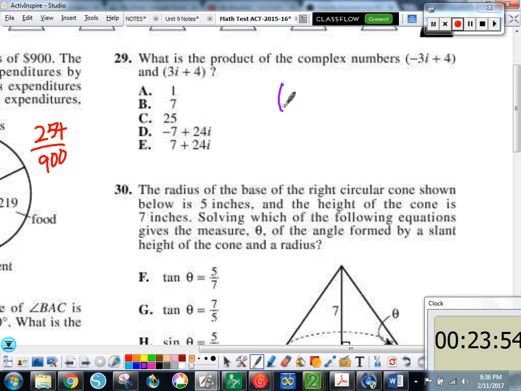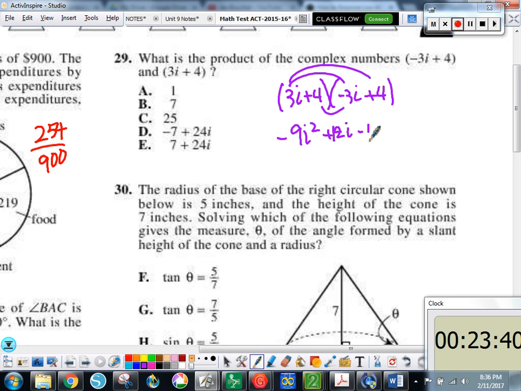This is actually a difference of squares question. We've got negative 9i squared plus 12i minus 12i plus 16. Well, i squared is a negative 1, so we're going to substitute that with a negative 1. So the negative 9 times the negative 1 becomes a positive 9. Those cancel. We get 25.